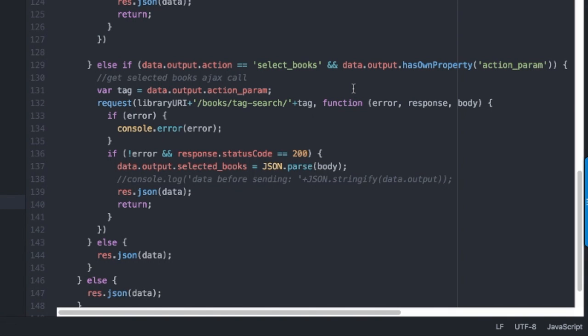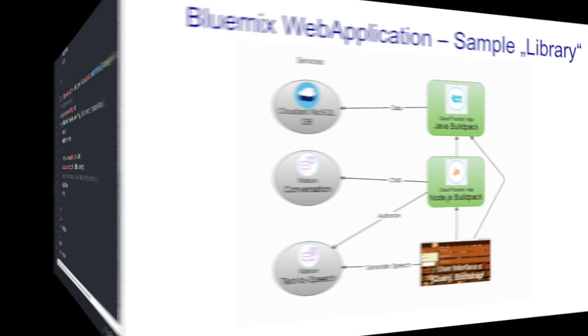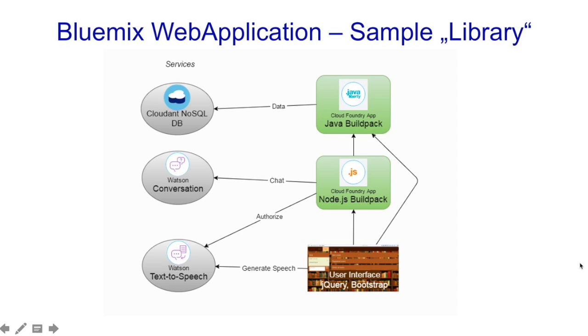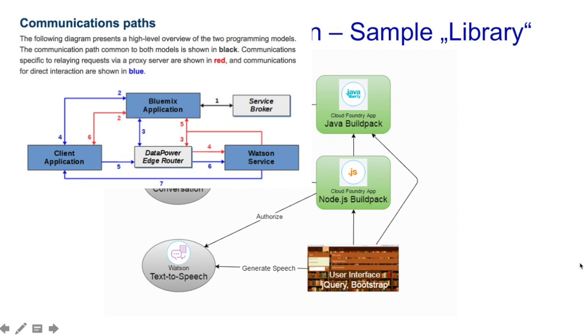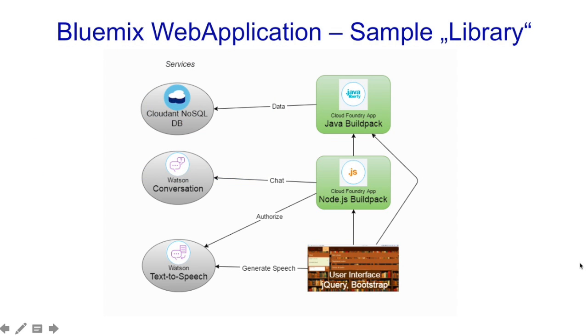I know you told me before that the authentication is a special topic inside Watson. So, can you tell us about this? Yes, one thing to note about the Watson services is that you need a backend server to create authorization tokens. That's why I'm using my Node.js server to create the authorization token for the text-to-speech service, which can be called in the front end via a REST API.